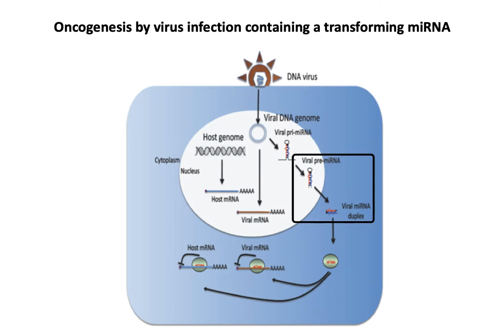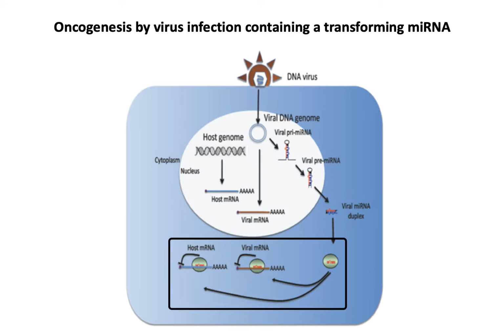Then you have that being processed, becoming duplexed with the RISC elements, and then actually causing loss of expression of certain mRNAs that are already out in the cytosol. So again, this can also create a situation where a tumor is formed and a cancer is formed, and sometimes causes the cell to experience other mutations also because of that.